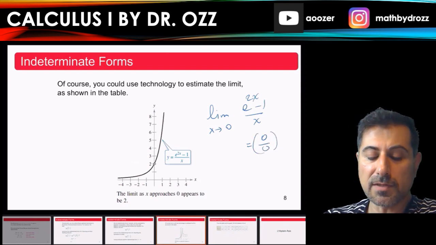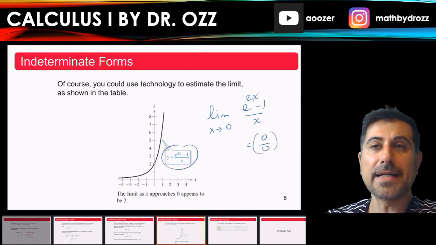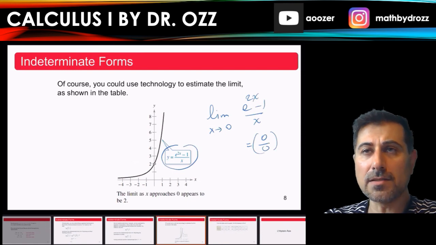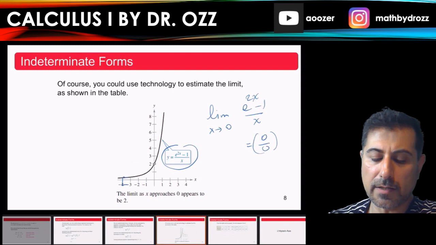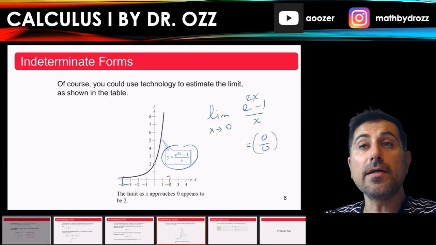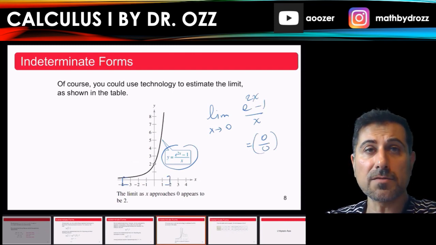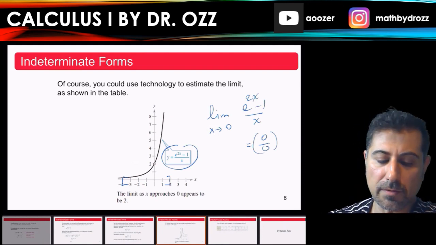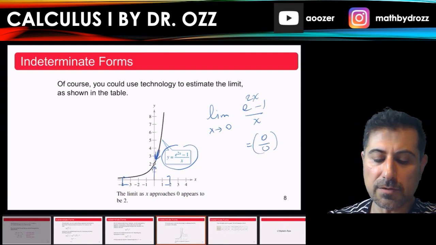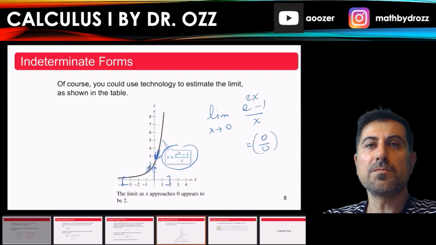So if you graph this function for x min and x max in the neighborhood of 0, like in this case -4 and let's say 2, in your calculator you can graph this function, and you can visually observe that around zero, the function values approach 2 from the left and right.